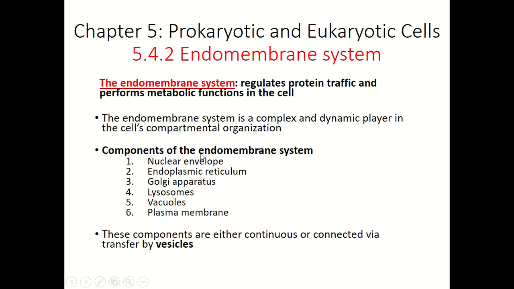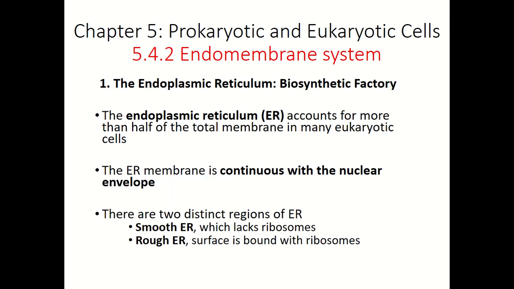So the components of the endomembrane system again include the nuclear envelope of the nucleus, Golgi, lysosome, vacuoles, and also the plasma membrane. So all of these components are either continuous or they are connected via transport molecules, which are known as vesicles.